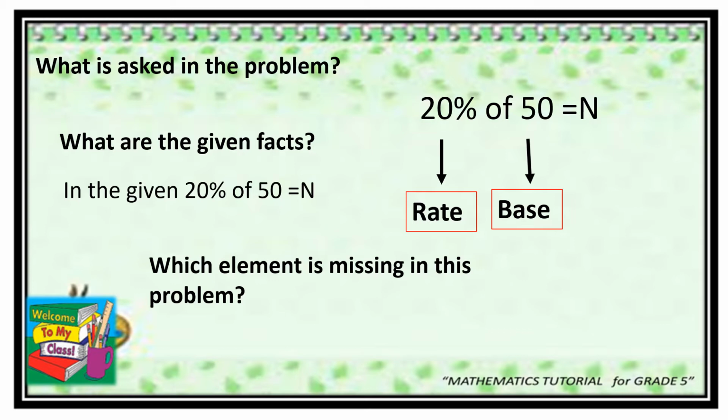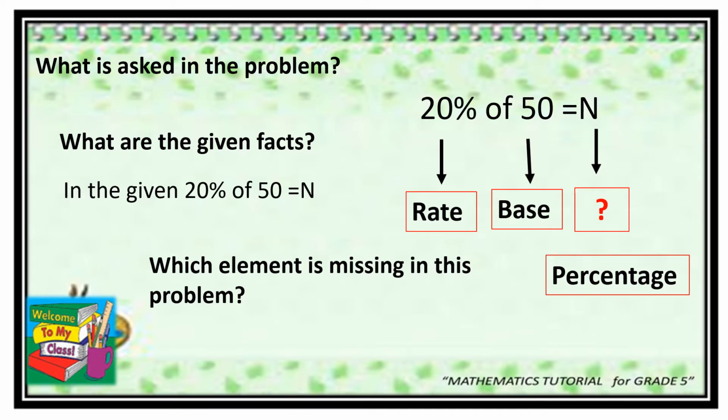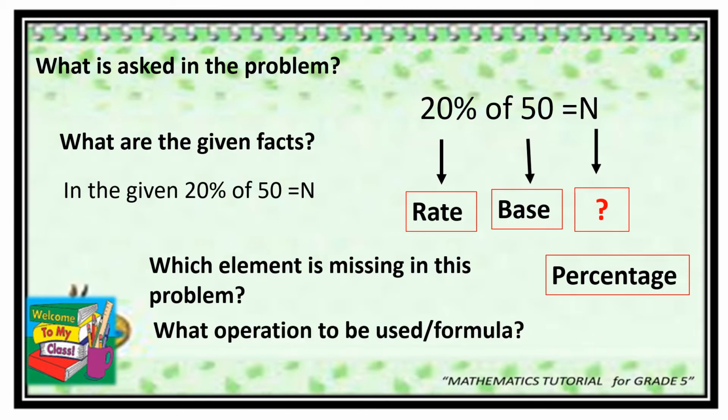So, which element is missing in this problem? Alright, so we need to calculate or find out what is the percentage. What operation to be used or the formula to find the percentage?